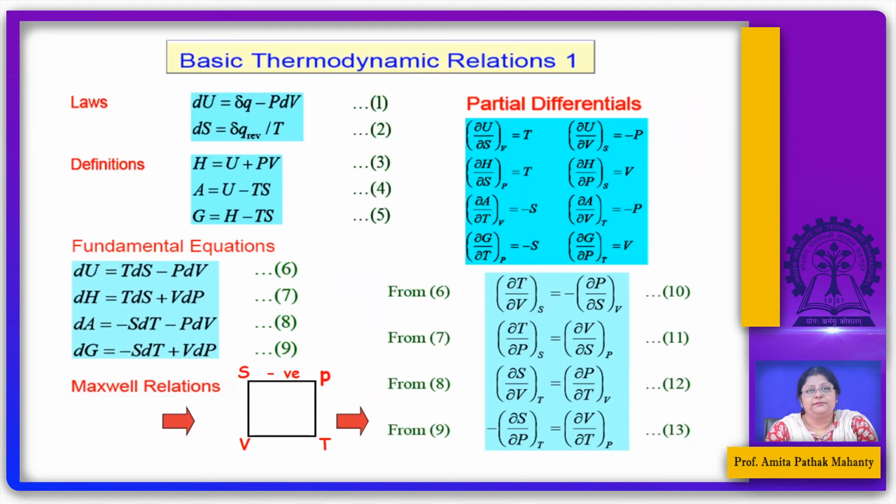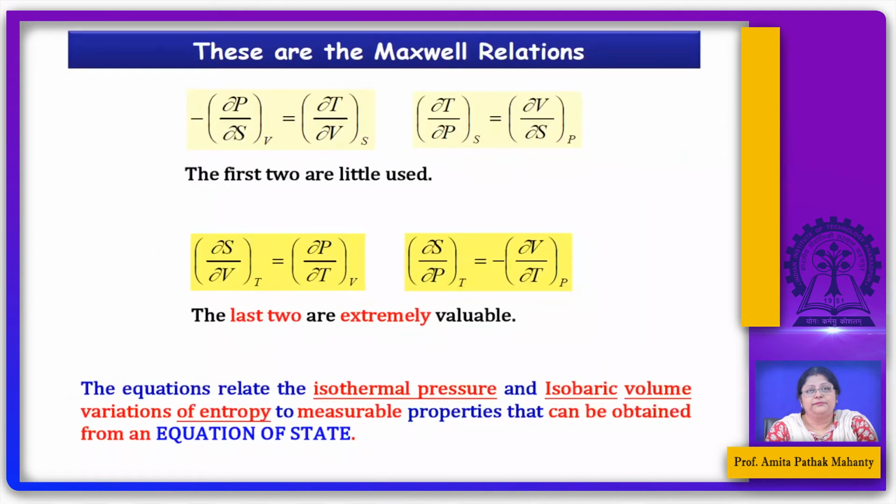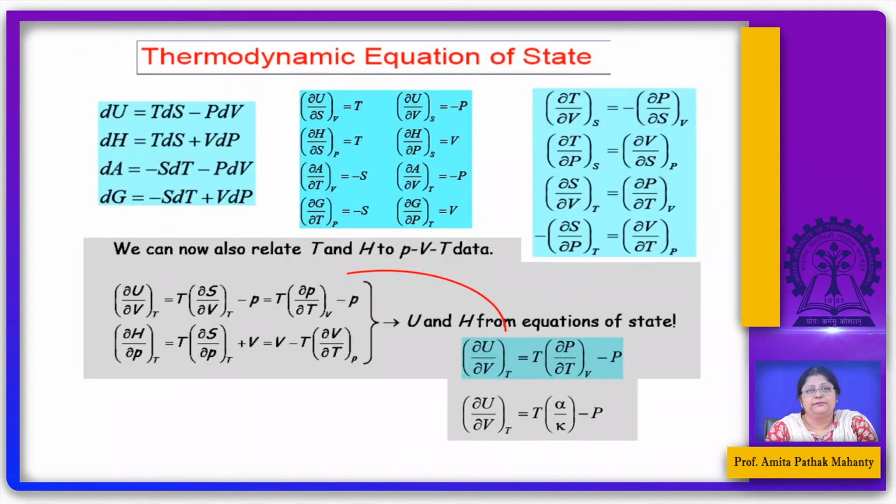So we'll take up that in a while. You see, these are the ones having the temperature and pressure relation with entropy. These are extremely important because they are going to be used in your evaluation and calculation work.